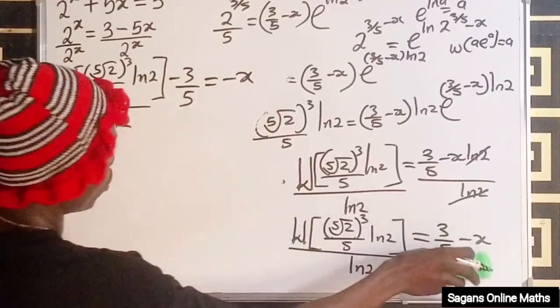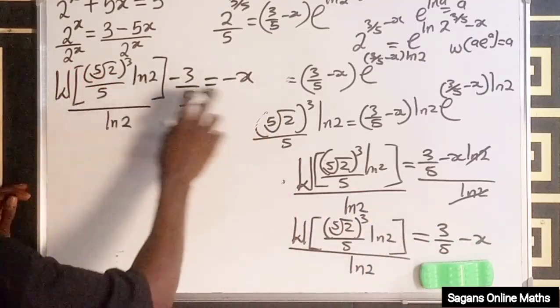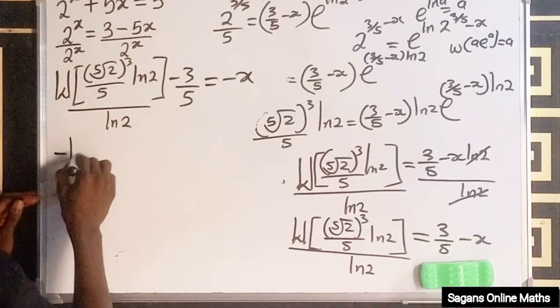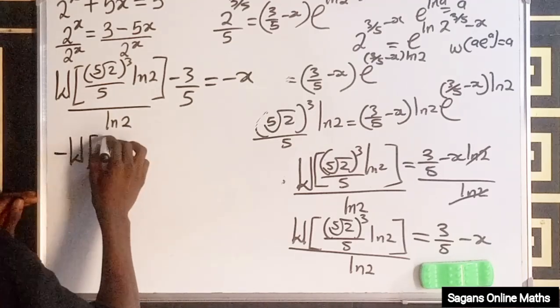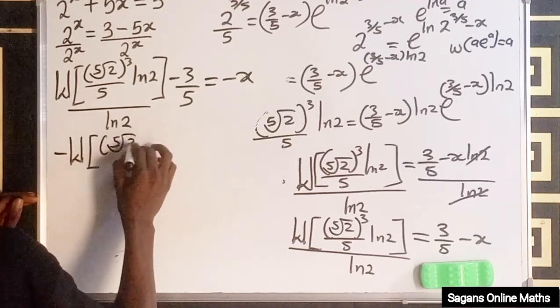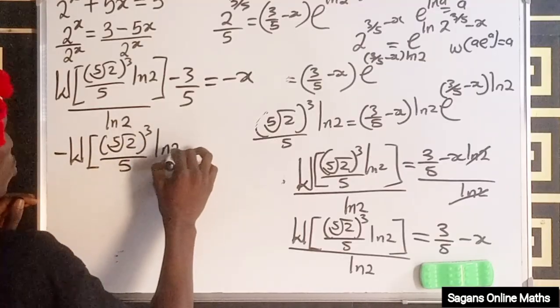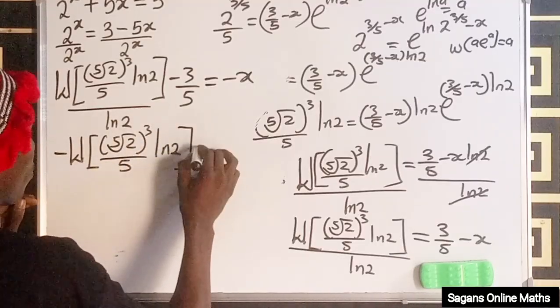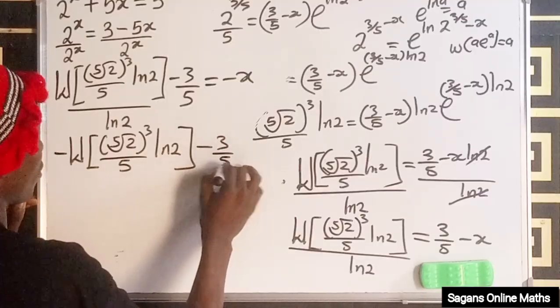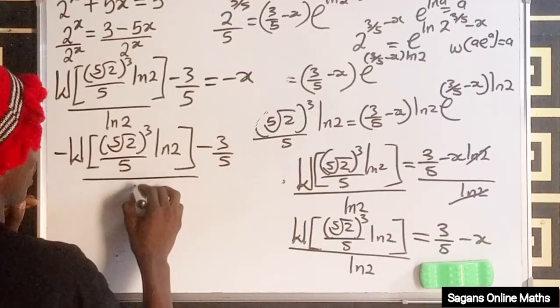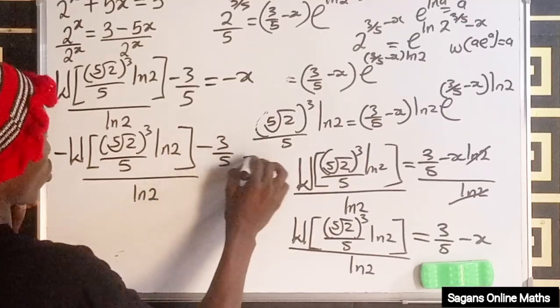So our target is to find x, right? So if you multiply both sides by minus 1, we want to see that minus the W function of, bracket, the fifth root of 2 all to the power of 3 divided by 5, then multiply by ln 2, then close, minus 3 over 5, then all over ln 2 is equal to x.